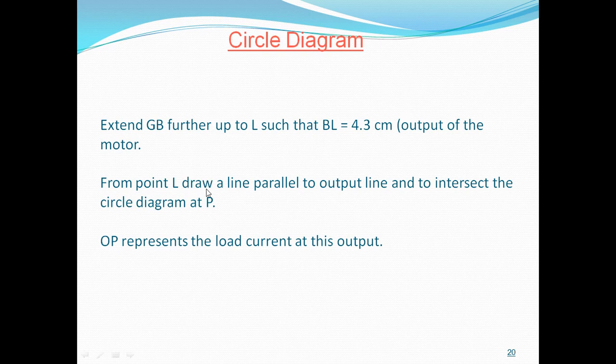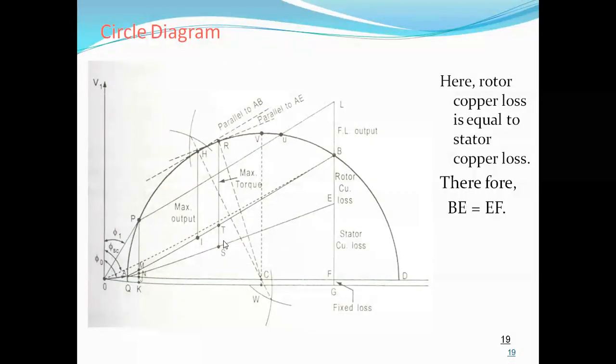From point L, draw a line parallel to the output line and intersect the circle diagram at point P. Now OP represents the full load current. Draw a parallel line to the torque line AB that cuts at point P. From P you join O, and from P you draw the vertical line PK.